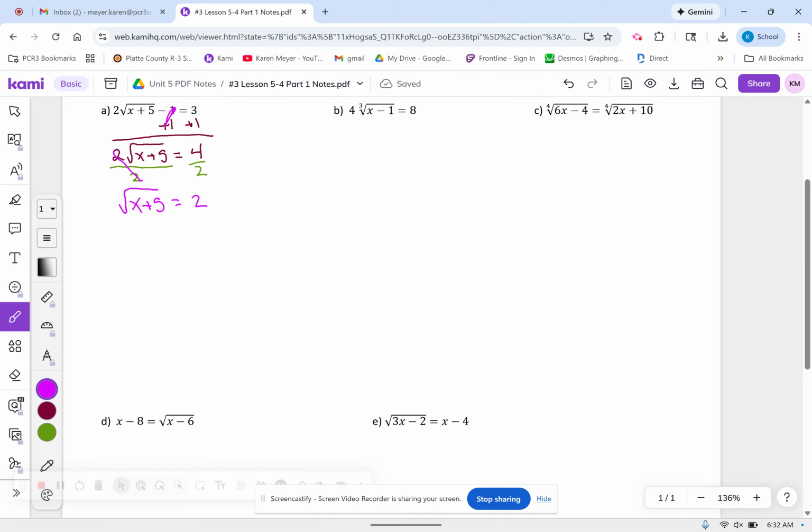Now, once you have the radical by yourself, then you need to determine, well, what gets rid of a radical. So what we're going to do, kind of sidebar, I'll just write this off to the side, you don't have to write this down, is we're going to go backwards from what we have done in the past.